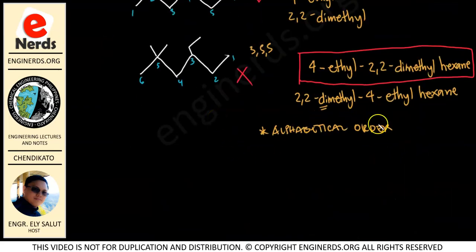So, that means ethyl will come first before methyl. Okay? So, therefore, our answer will be 4-ethyl-2,2-dimethyl hexane. Because if we are going to arrange it alphabetically, we need to disregard the number prefix. So, therefore, our answer will be this one. Okay, so I hope you learned from this lesson, and I will see you in our next topic.